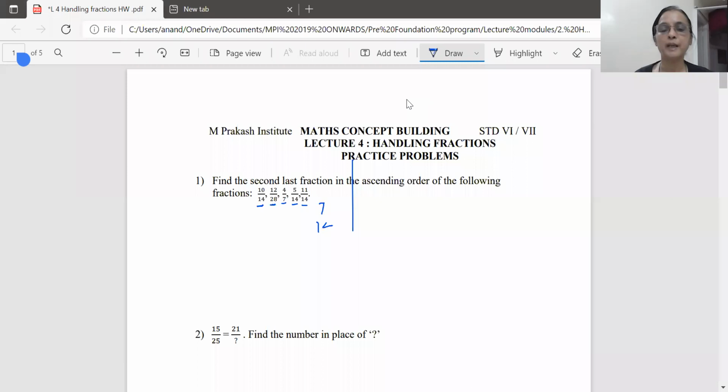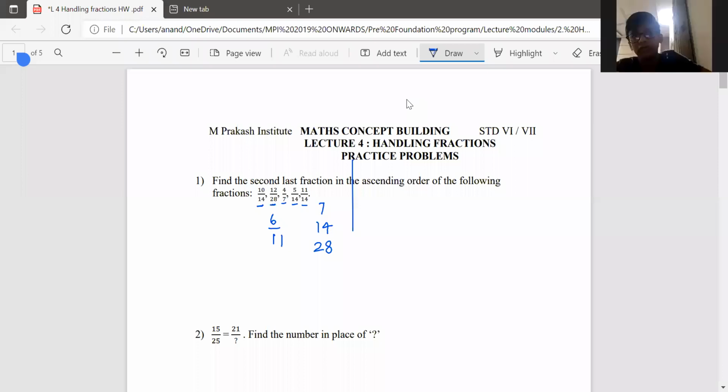But when I look at the numerators, I feel that converting them to base 14 is the fastest method, because this half will be 6 upon 14. And double of this, 4 upon 7, will be 8 upon 14. And like this, all the fractions will get converted to denominator 14.